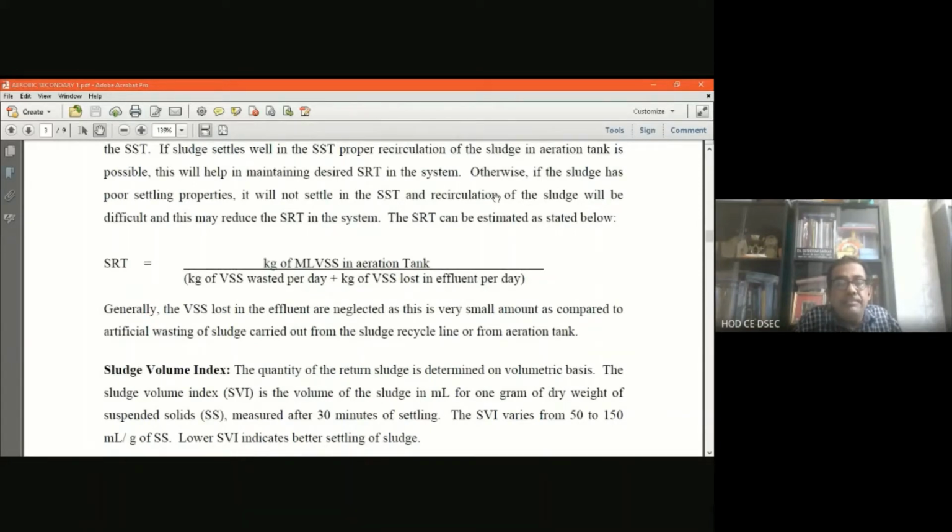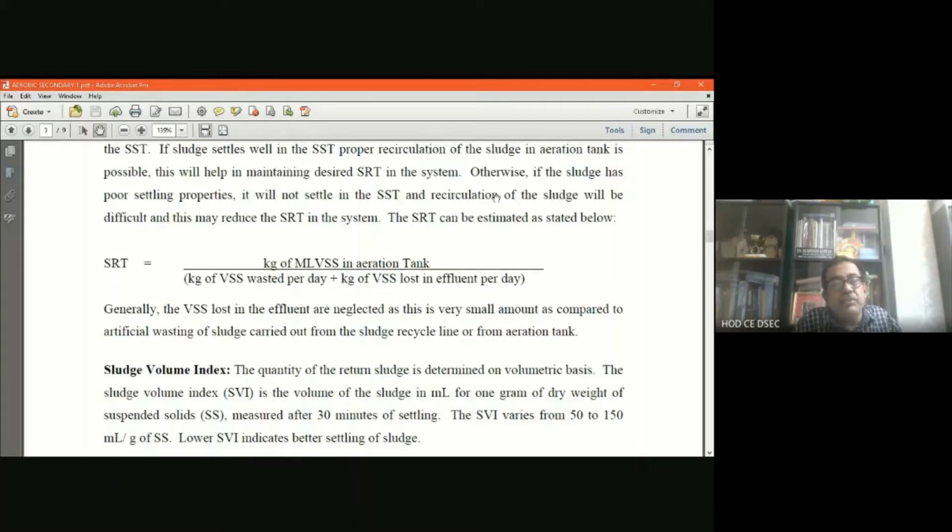SRT can be defined in numerical relation as kg of MLVSS in the aeration tank divided by kg of VSS wasted per day plus kg of VSS lost in effluent per day. Now the kg of VSS lost in effluent per day is very small compared to the intentional wasting of sludge carried out from the sludge recycle line, so it can be neglected.